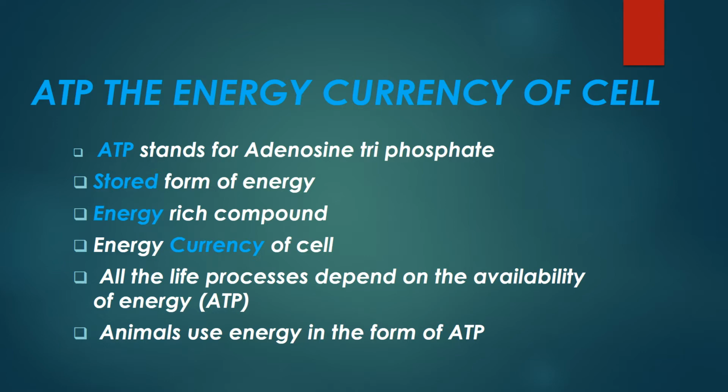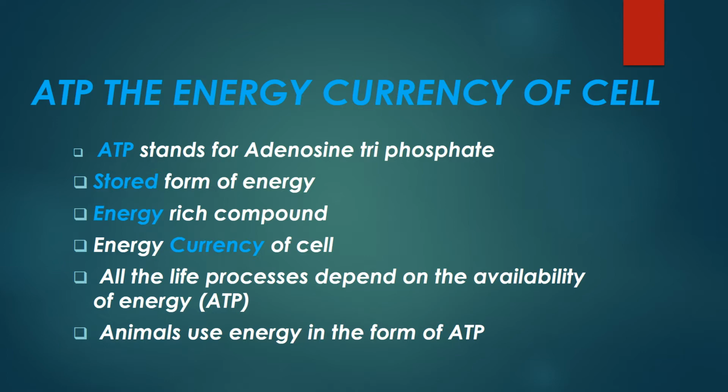Actually ATP is the stored form of energy in organisms. In the life of an organism, it is impossible that energy is not supplied to the body, otherwise their life will be impossible.